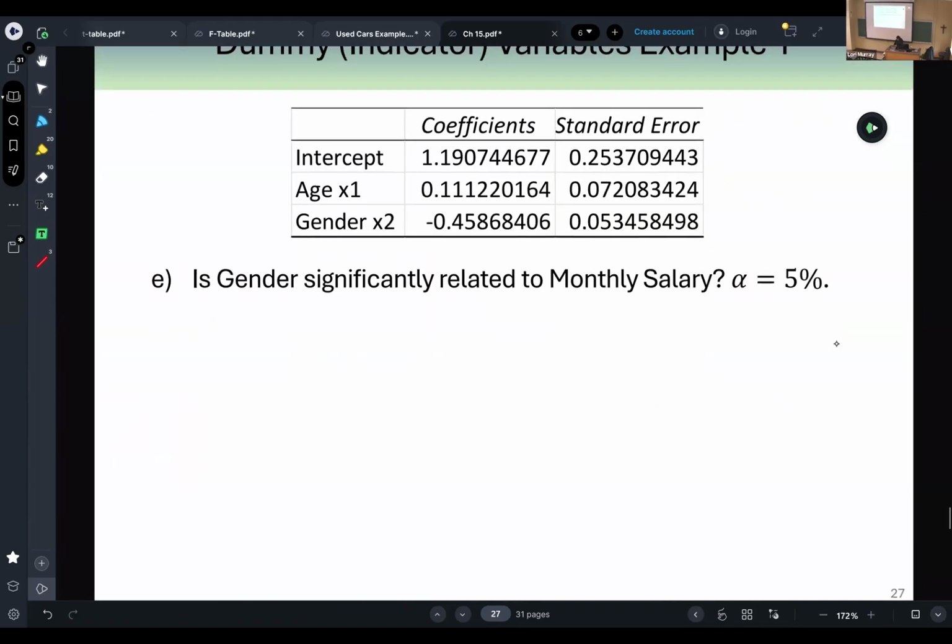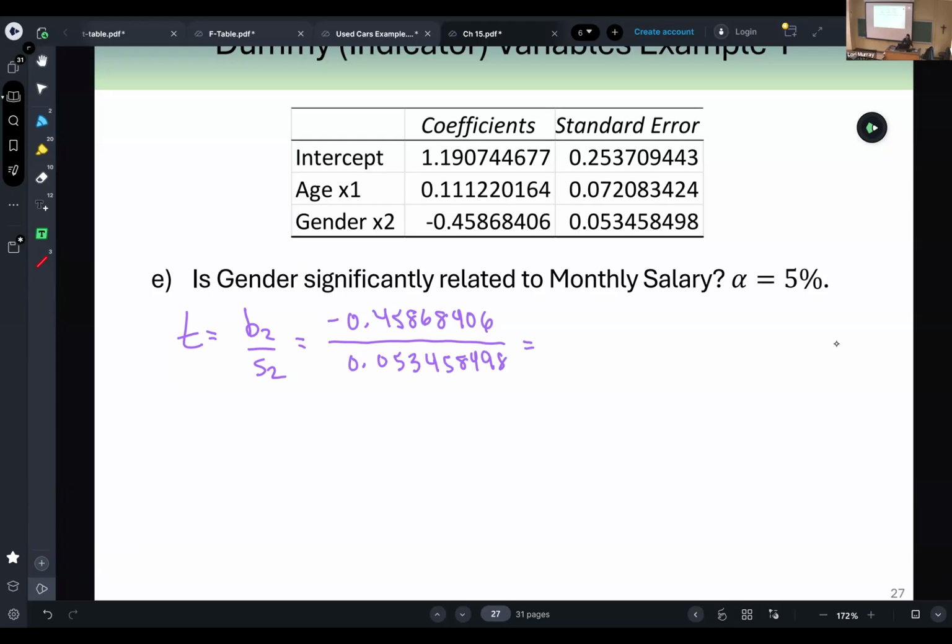So it's going to be T. You're going to have B2 over S2, which is going to be negative 4.5868684 06, divided by its standard error, 0.0534584 98.